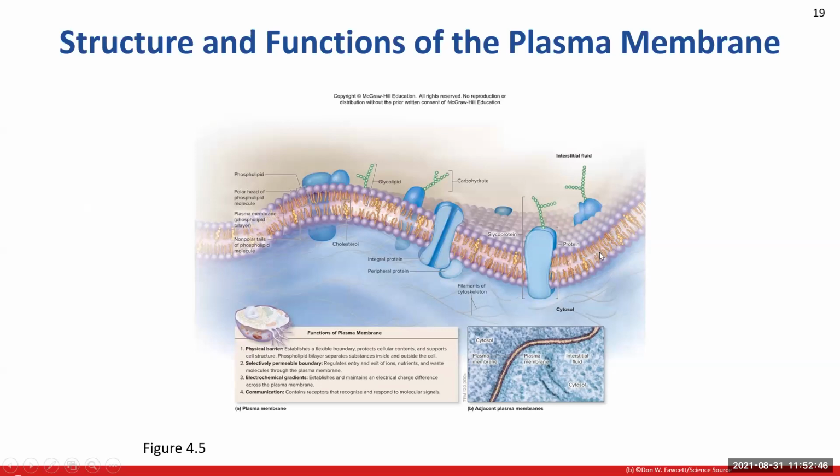So they're basically two layers. The purple are the heads, and the tails are the yellow stringy-like structures. The tails face each other, and the heads face away from each other. This head here is facing the outside of the cell, this head over here is facing the inside of the cell, whereas the tails are in between in this region here.